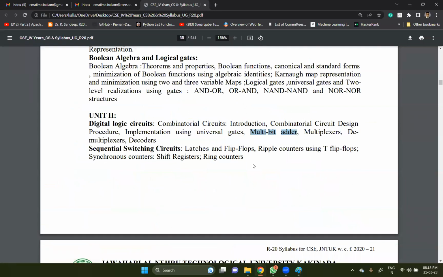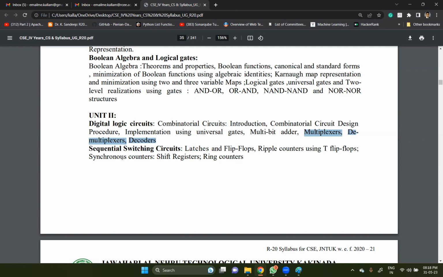I have given the subtractor as well. Tomorrow we will finish these two operations, multiplexers and demultiplexers, as well as the decoders. If you finish by tomorrow, then we'll finish.